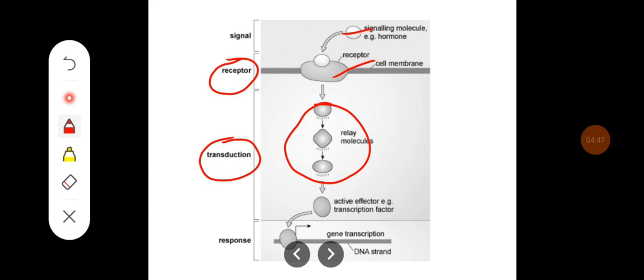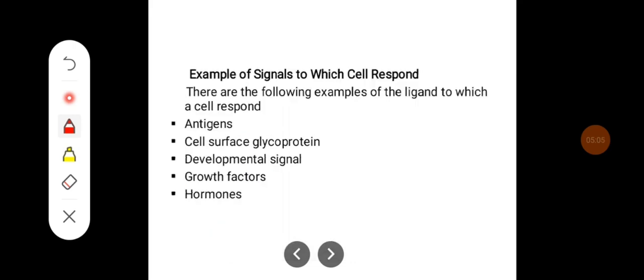They give rise to an active effector, for example, a transcription factor. That is going to act on the genes which will be responsible for production of the specific proteins as a response. And this is the response phase.